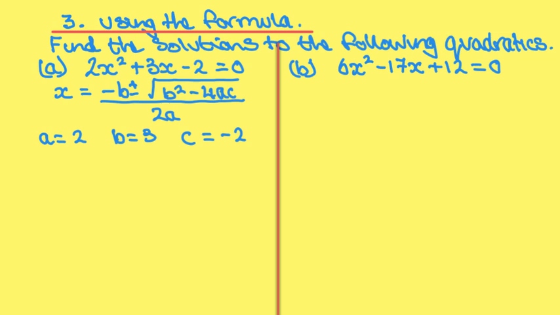Now substitute into your formula, so x is equal to minus b, which is minus 3, plus or minus the square root. Well, b squared is 3 squared, minus 4 times 2 times minus 2, all over 2 lots of a, which is 4.